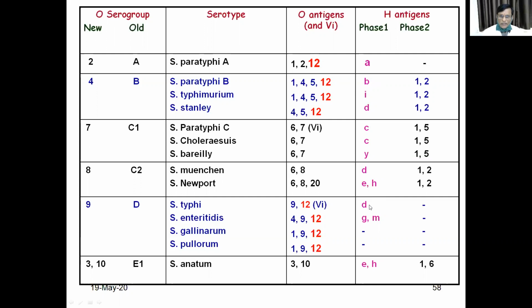So here we are putting a common O antigen for all three, that is S typhi, paratyphi A, paratyphi B, but different H antigens for the diagnosis of S typhi, paratyphi A, paratyphi B.